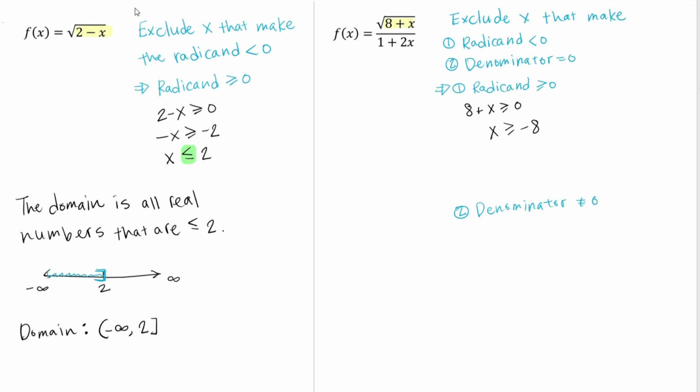Now let's look at the denominator. We have 1 + 2x, which cannot be equal to 0. Let's set it equal to 0. 2x is equal to negative 1, so x is equal to negative 1 half, which means that x cannot be equal to negative 1 half. From the first step, we know that x has to be greater than or equal to negative 8.